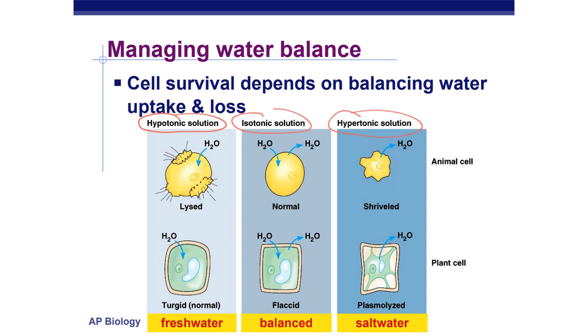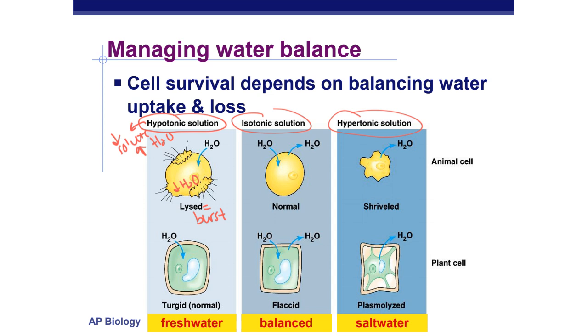So if I've put the cell in a hypotonic solution, again, I've got low solute, high water compared to the cell. So the cell has less water in it because it's hypertonic if the solution is hypotonic. Water's moving into the cell. In an animal cell, that cell can go through lysis or burst because it has no cell wall.